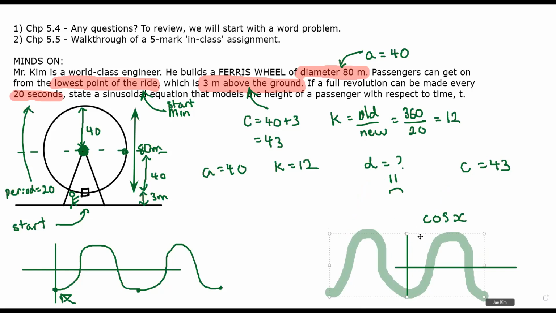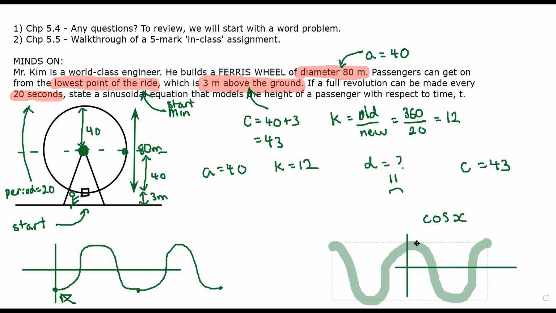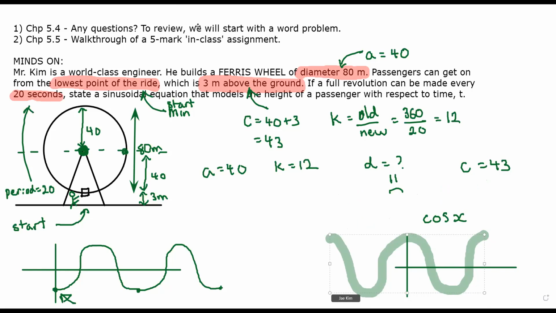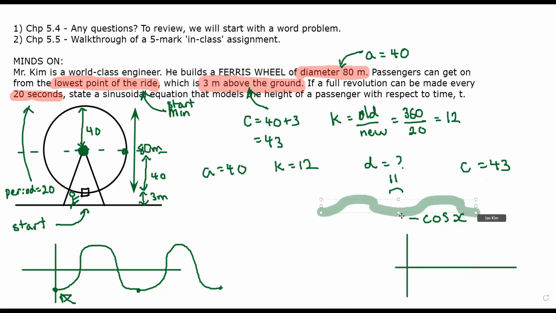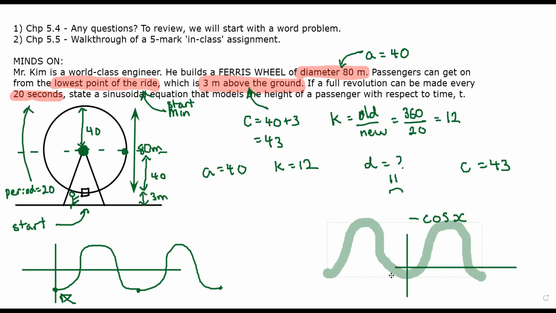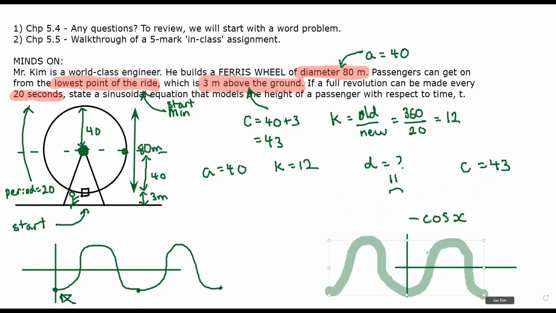So if I were crafty enough to realize this is just a vertical reflection, I could add a negative in front of it, and I basically changed this curve to be upside down, and I have effectively forced the curve to start at a minimum. So I don't have to worry about a d-value.